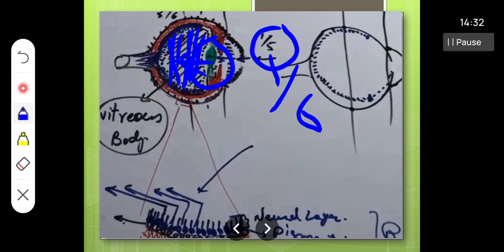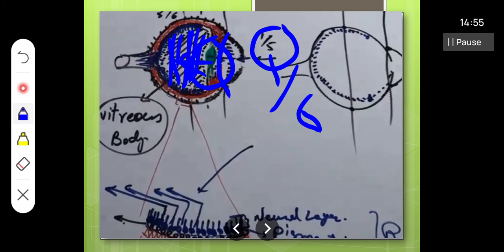And the fluid anterior to the lens, from here to here, the corneal part, consists of another fluid called the aqueous humor.